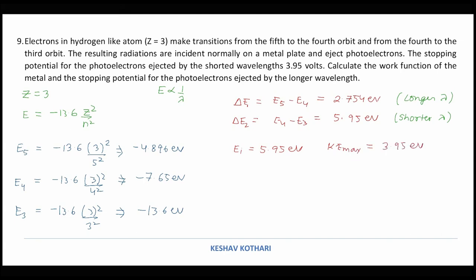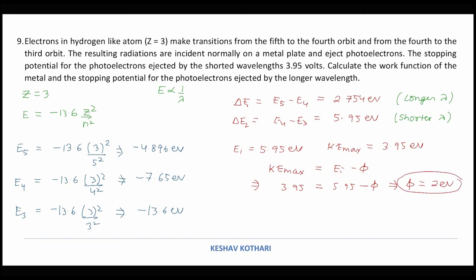The maximum kinetic energy is equal to incident energy minus work function, that is 3.95 is equal to 5.95 minus phi, and from here we obtain phi is equal to 2 electron volt. So the value of the work function is equal to 2 electron volt.